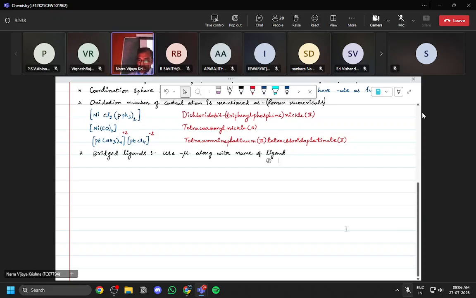For example, iron, H2O 4 times, bridge ligand OH, again OH. Is it a bridge ligand or not? Both ligands are present between two metal atoms. Give the name of this complex.